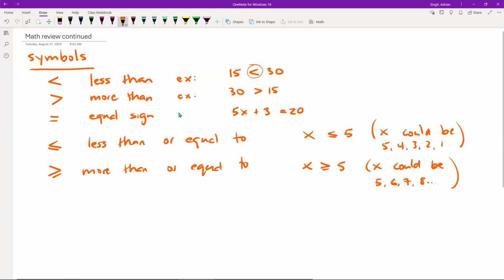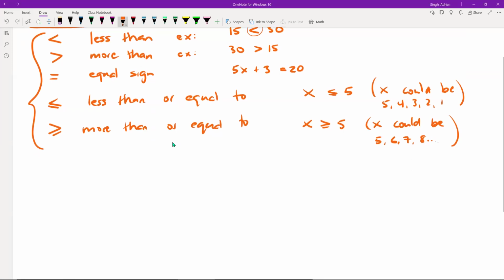So those are some of the symbols that you're going to see. We're going to use these when we start doing calculations related not just to chemistry, physics, but also when you get to your fire calculations down the road. We're going to see these symbols being used quite frequently.